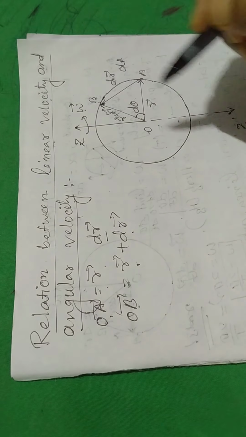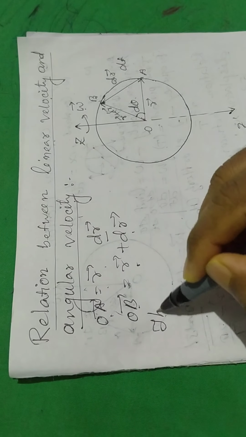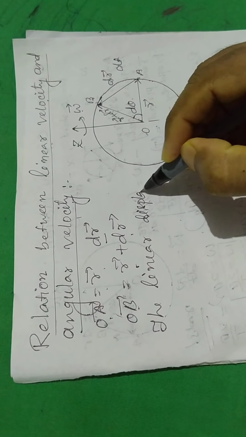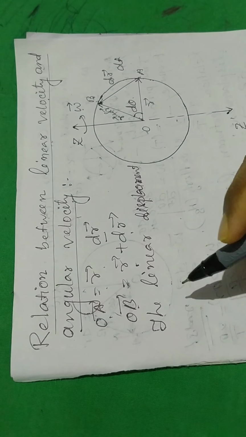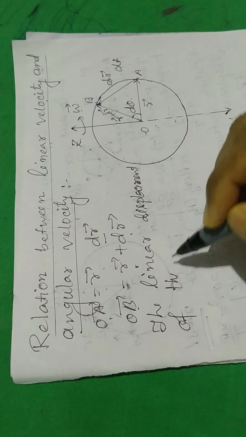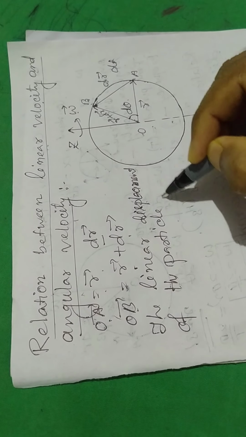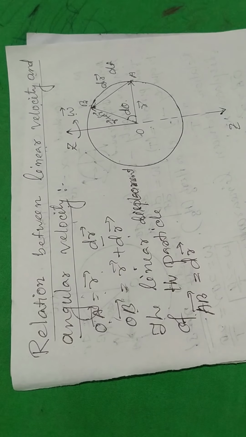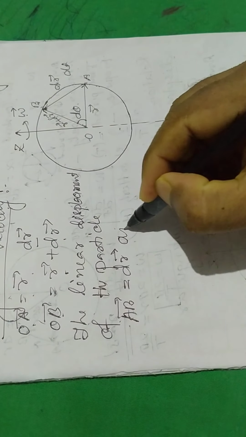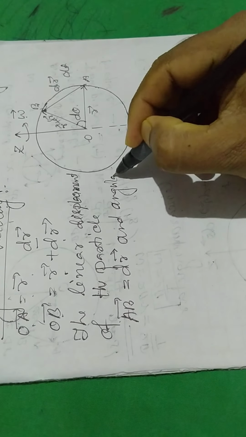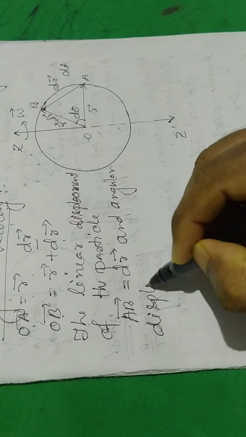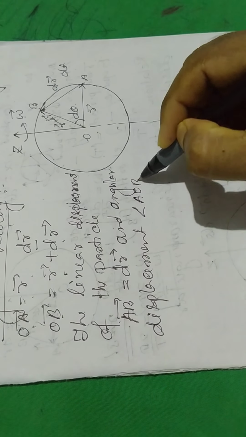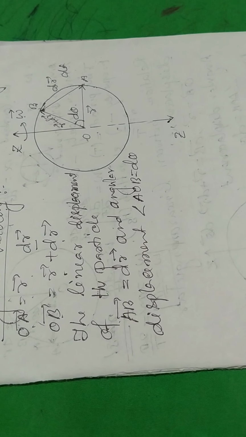Now the linear displacement of the particle AB equal to dr, and the angular displacement AOB equal to d theta, a small angular displacement.